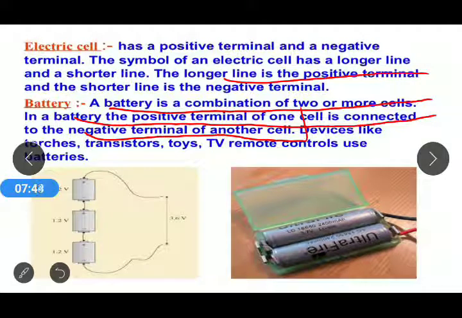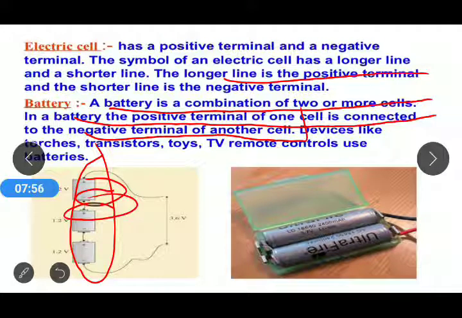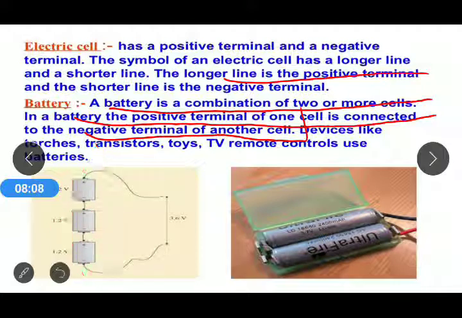Like in that picture, if you look carefully, the negative terminal of the first cell is connected to the positive terminal of the next cell, and this second cell's negative terminal is connected to the positive terminal of the third cell, and in that way the combination is made.